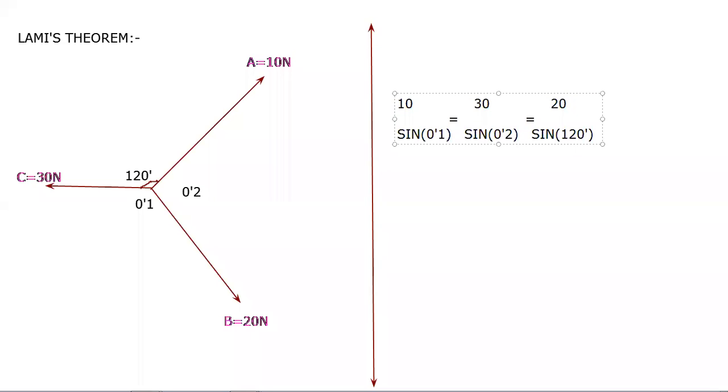Now you try to find the answer here by using the Lamy's theorem. Try to find what is the value of theta 1 and theta 2.